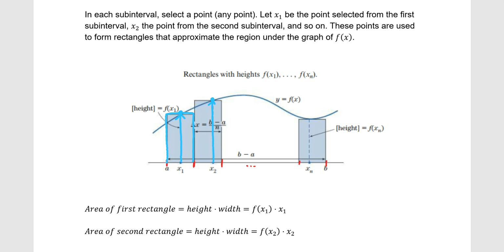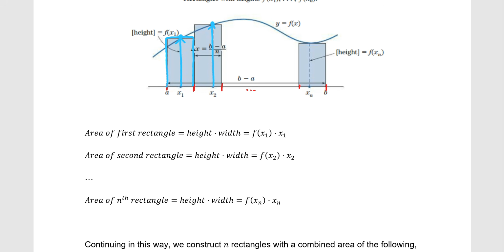The reason why we can do this is because it's super easy to find the area of a rectangle. It's just length times width. So the area of the first rectangle, well, instead of length times width, I'm just using height times width. The area of the first rectangle is the x value, which should actually be written as delta x.